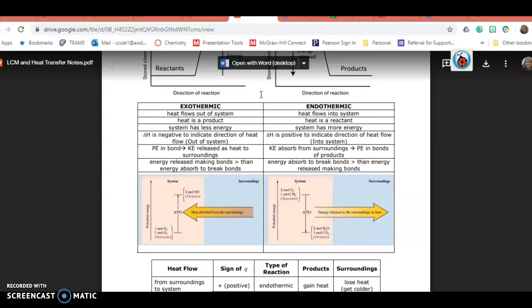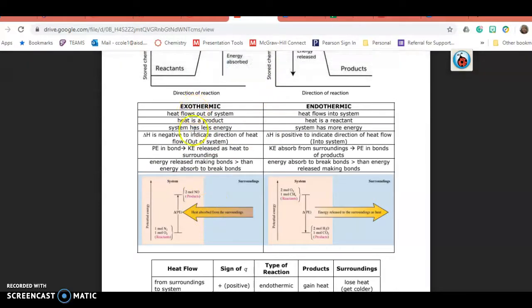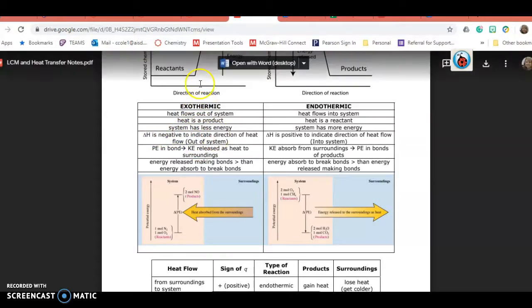Okay, let's look at number 3. In an endothermic reaction, heat will be a reactant or product. Circle your answer. And the delta H will be positive or negative. Well, if we look right here, it says delta H is negative in an exothermic reaction, and delta H is positive in an endothermic reaction.